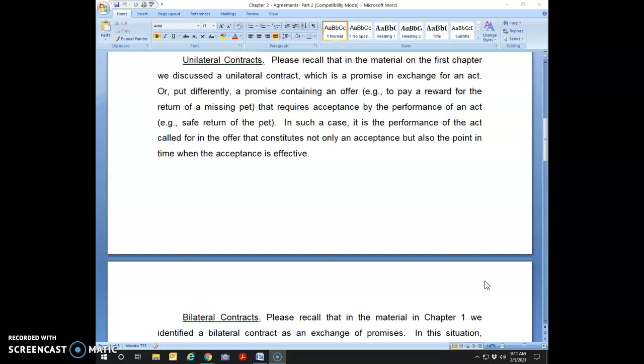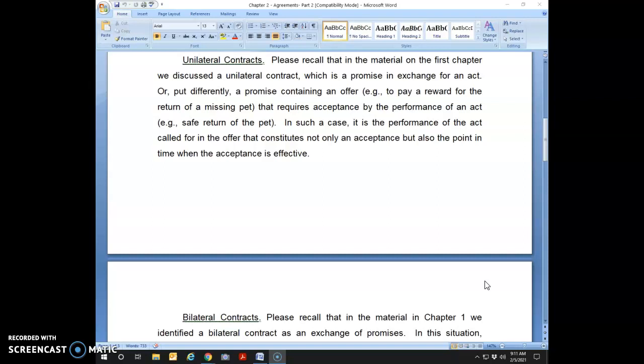So a unilateral contract is a promise that contains an offer that can only be accepted by an act. A promise that contains an offer that can only be accepted by an act. Rewards are often thought of as a unilateral contract type of situation.